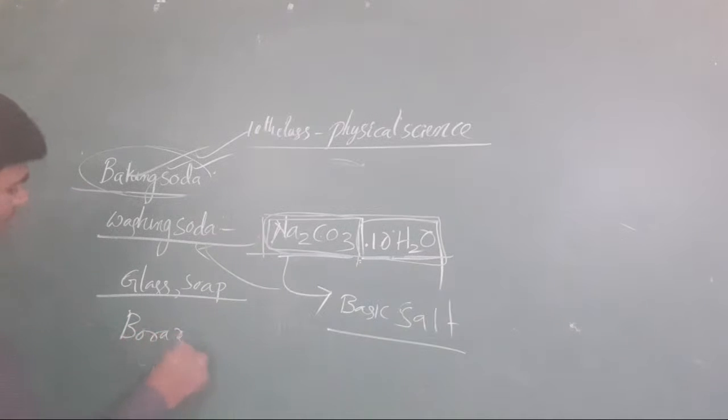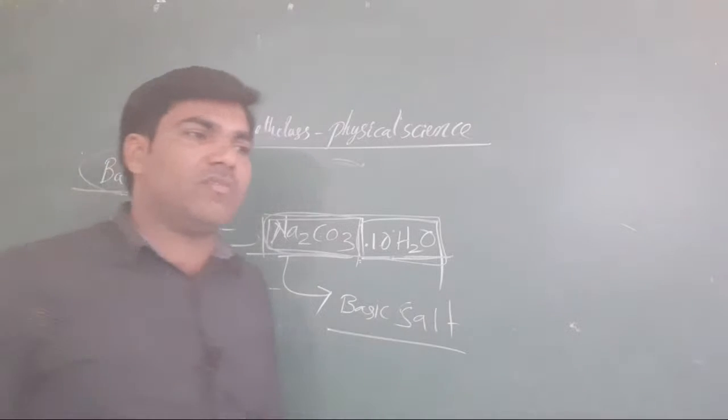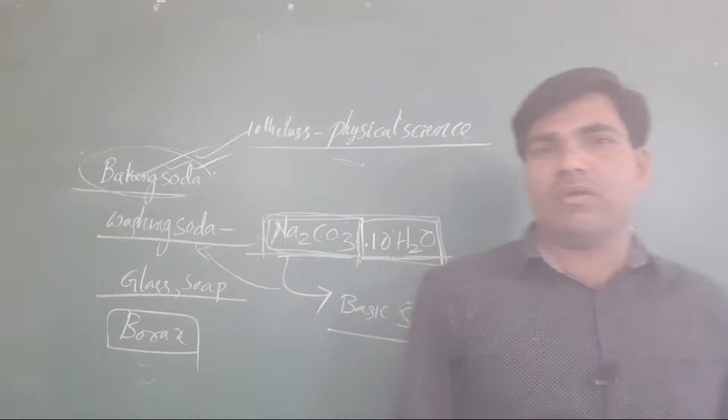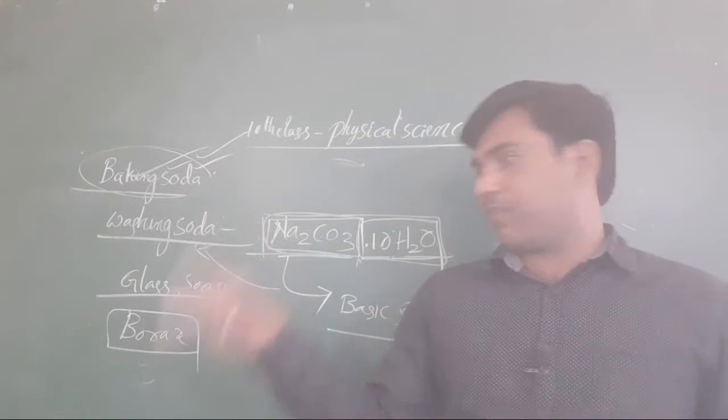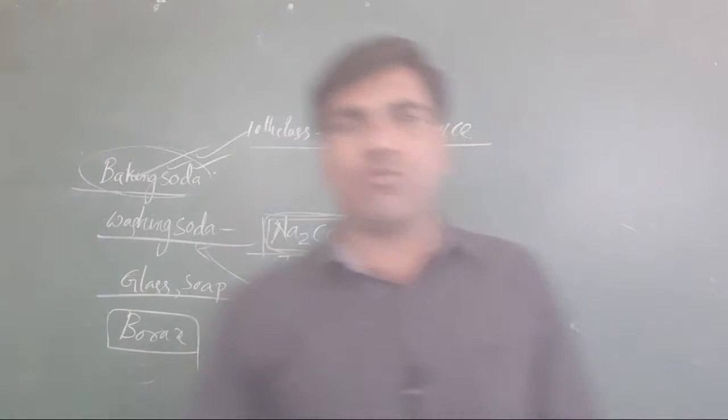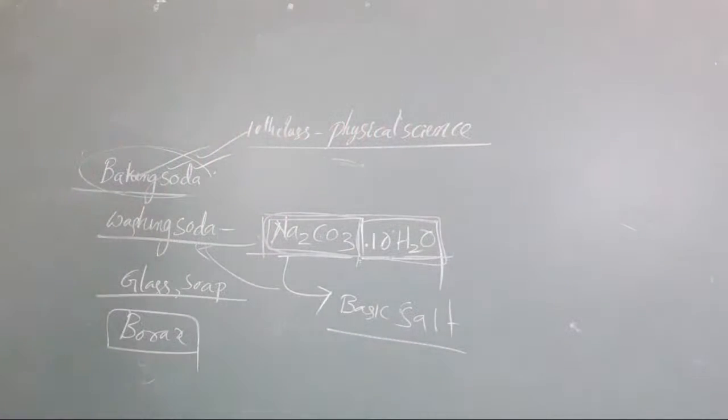Borax powder, you know very well, we use this powder on carom boards for smoothness, and that powder is also made from washing soda. Sodium carbonate is also used as a cleaning agent for domestic purposes. It is also used for removing the permanent hardness of water. Clear or not, all of you?